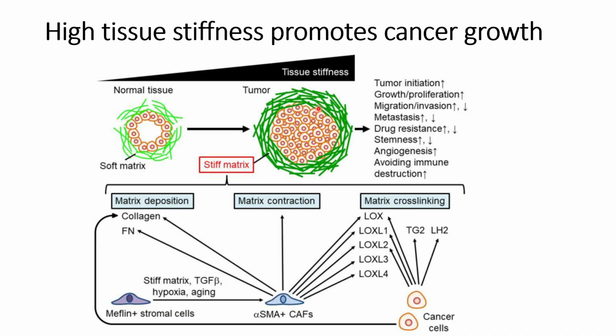One of the ways could be a change in the pH in the tumor microenvironment that will prevent drug efficacy. And angiogenesis occurs with the increase in stiffness as the cancer cells continue to grow.